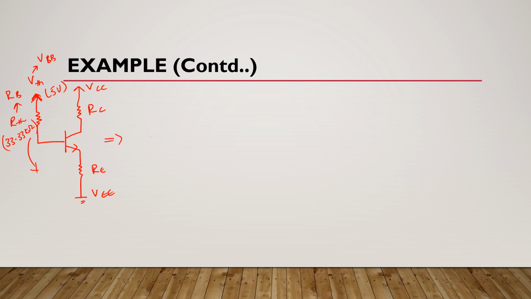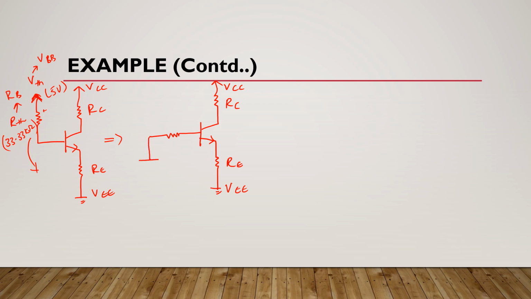Like this. This is VCC, this is RC, and here we have RE, and here we have VEE. So this arrow means this terminal of the resistor is connected to the positive terminal of the battery.